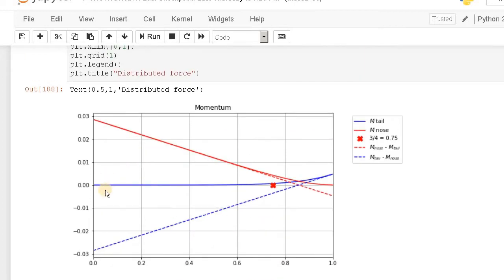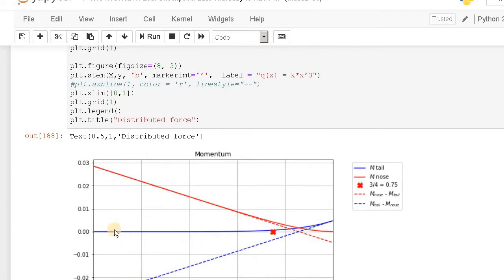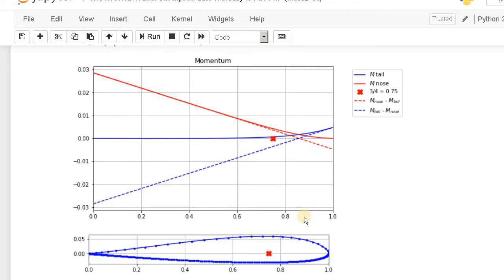If I choose a point, let's say here, I'm going to have 2 points, a blue point and a red point. Why 2? Because I have the tail section momentum and the nose section momentum. So I have 2 points, and I can do it for any other point on this airfoil.